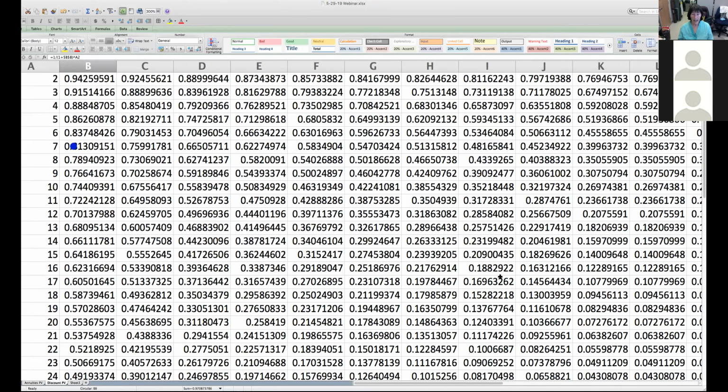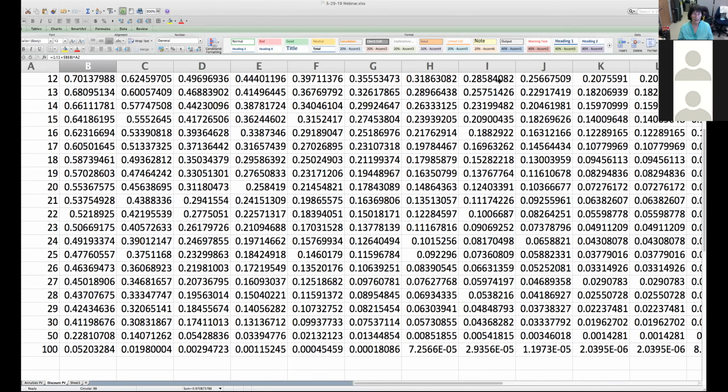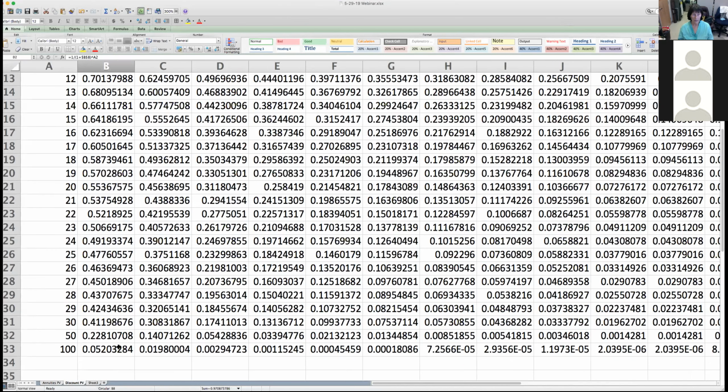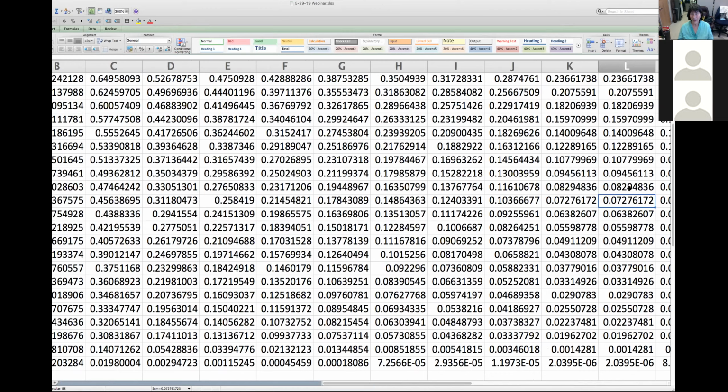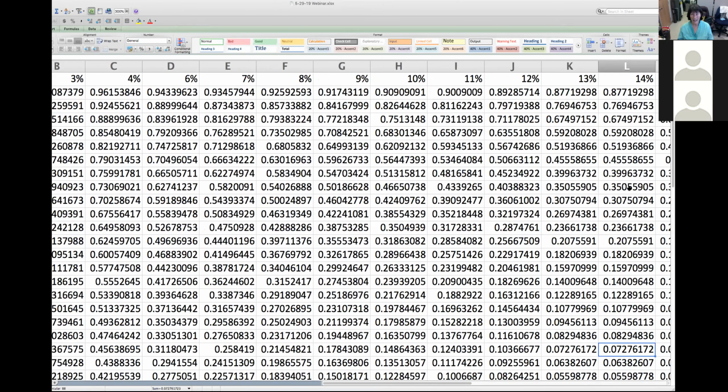And then if you come down, again, after 20 years, that dollar at 3% is only worth 55 cents today, where if you get over here in these really far out interest rates, it's worth nothing. So if you have a high interest rate, like 14%, you wait 20 years, it's worth nothing.